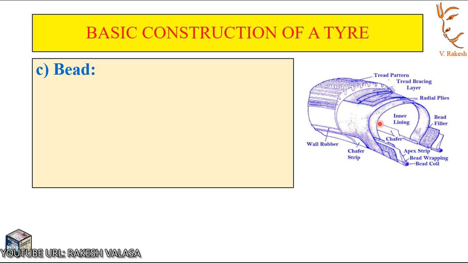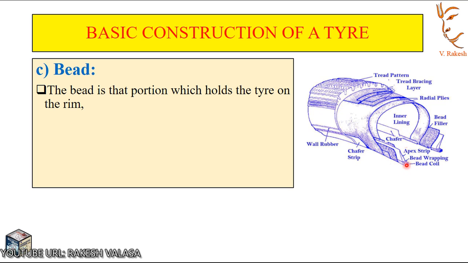Next part is bead. You can see this figure. This square symbol is called the bead. The bead is that portion which holds the tire on the rim.